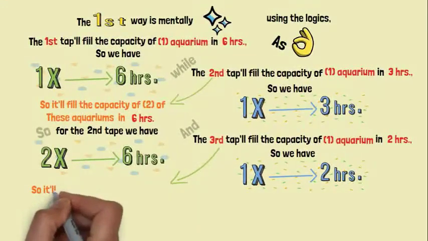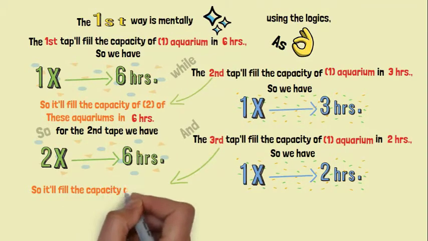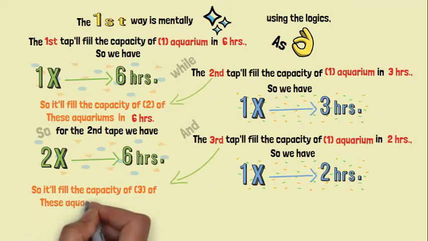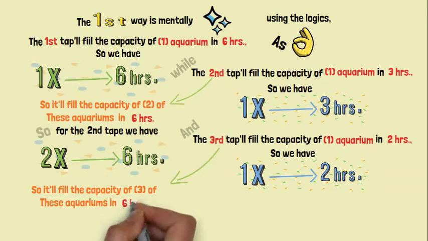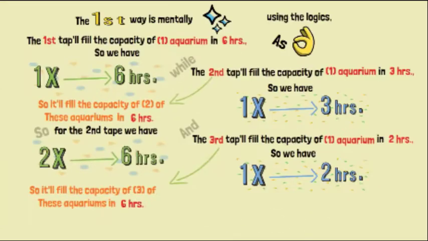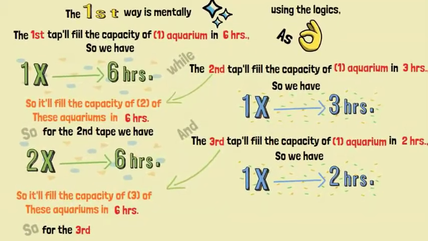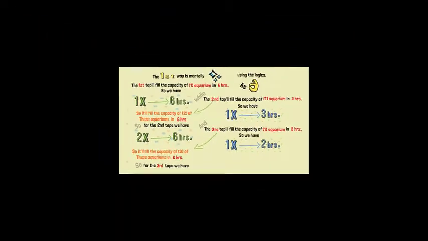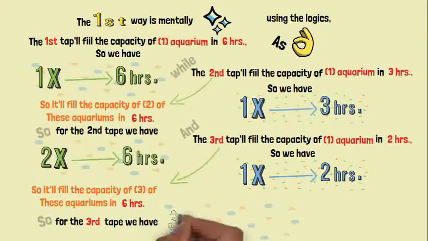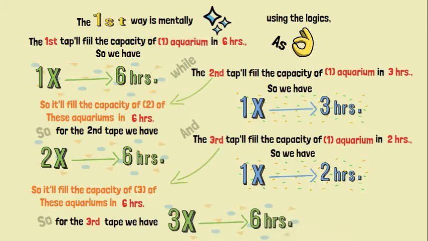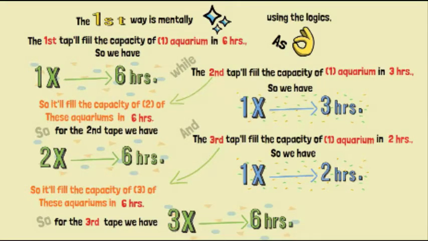So for the third tap, it will fill the capacity of 3 of these aquariums in 6 hours, as 1 aquarium in 2 hours, so 3 aquariums in 6 hours. So we have, for the third tap, 3x will be filled in 6 hours, which is 3 aquariums in 6 hours.